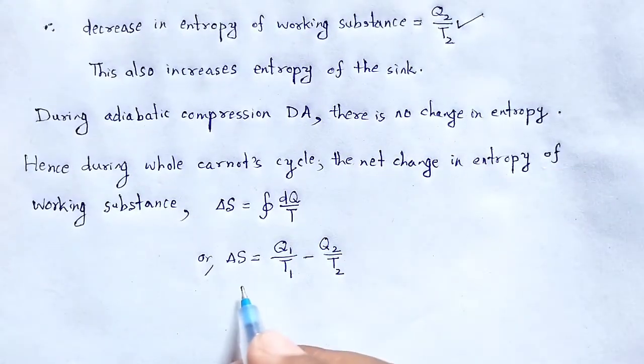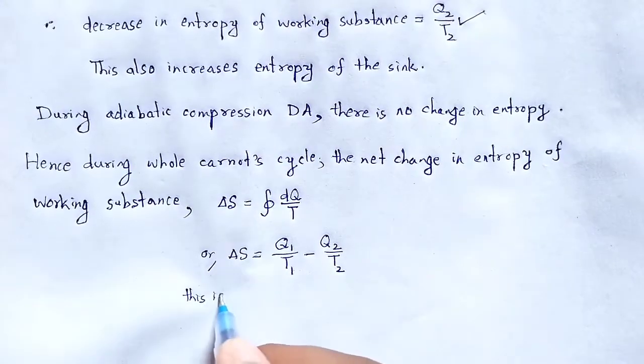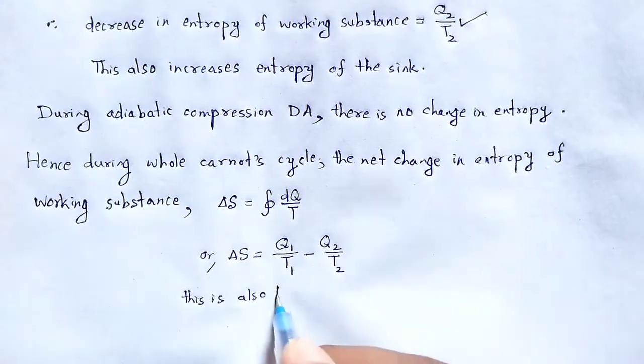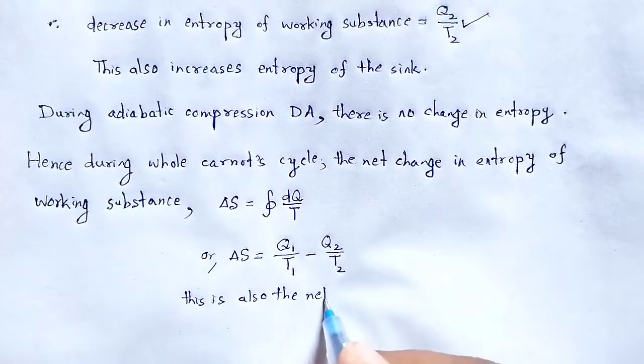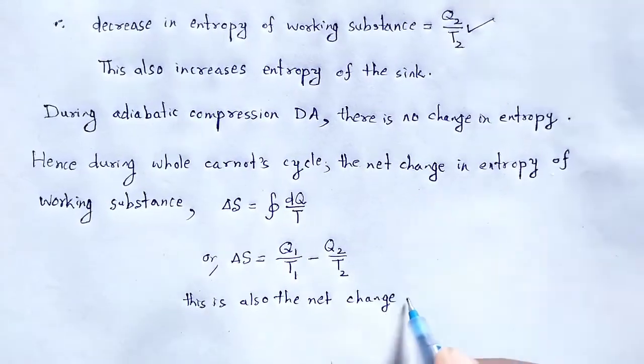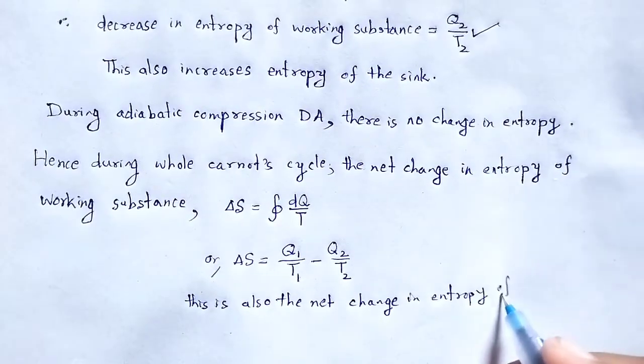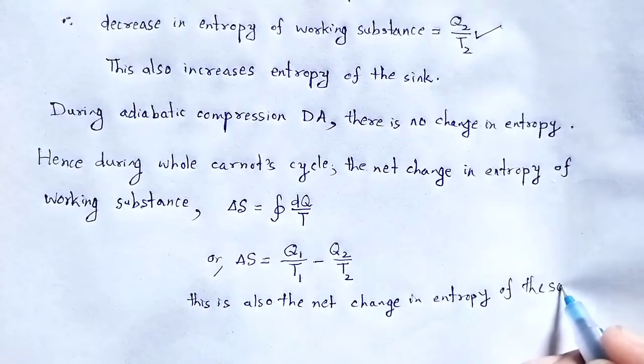This is also known as the net change in entropy of the source sink system.